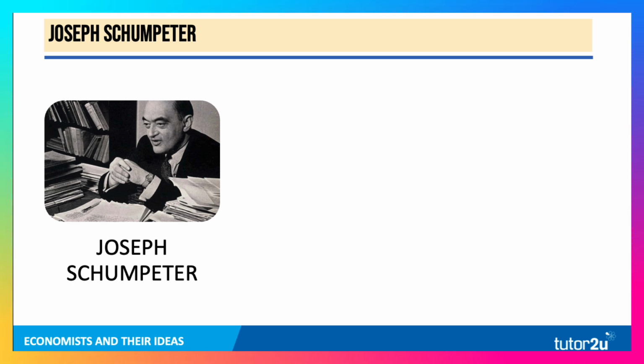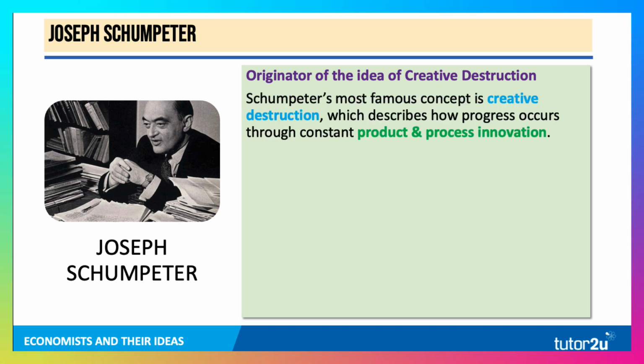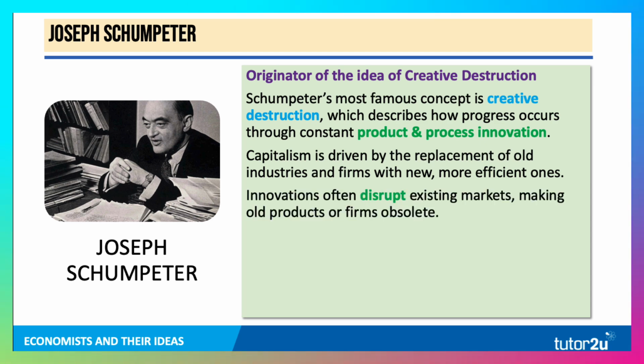Joseph Schumpeter, an Austrian school economist, was the originator of the idea of creative destruction, which describes how progress occurs through constant product and process innovation. Indeed, there are often long waves where this really gathers momentum. And capitalism is driven by the replacement of old industries and firms with new, more dynamically efficient ones.